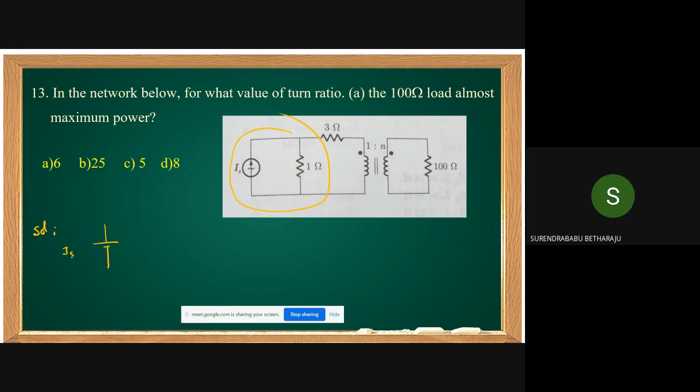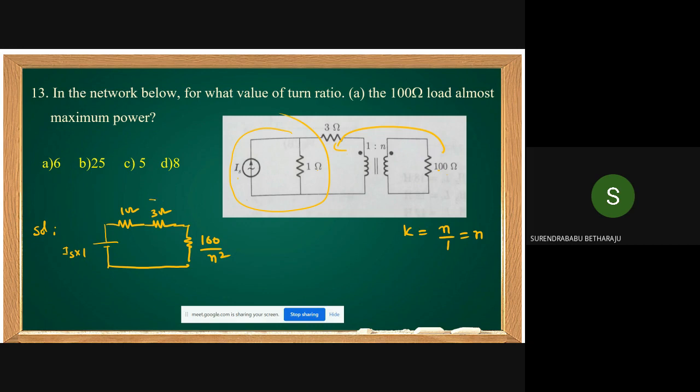This is Is into 1, with the 1 ohm resistor in series. Then this already is a 3 ohm resistor. Then you can transfer the resistance into the primary. With transformation ratio n by 1, the load side becomes 100 by n square.